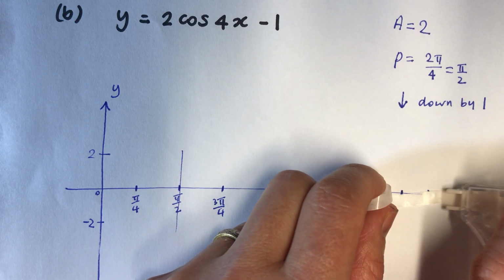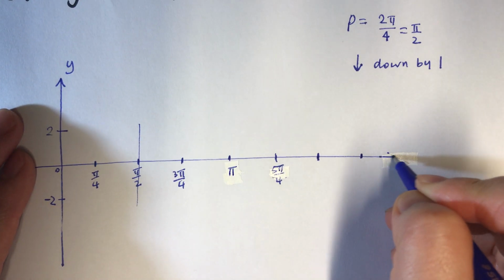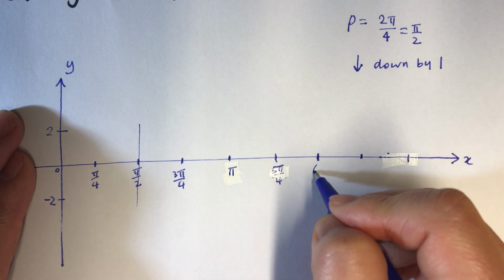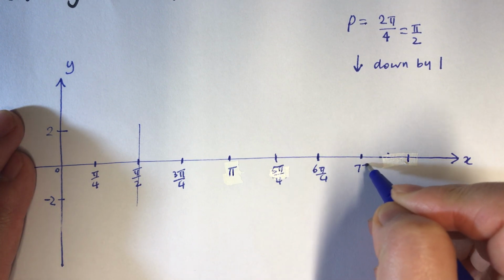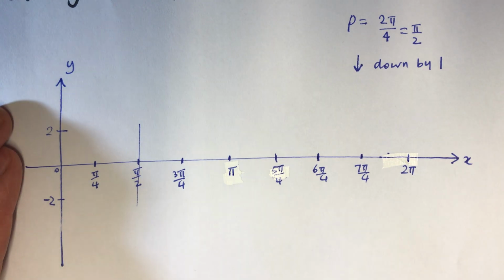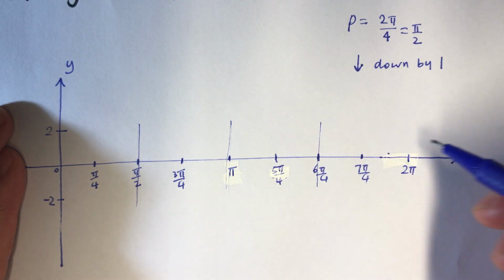Okay. So please plan it carefully. So 6 pi over 4, 7 pi over 4, and 2 pi. Okay, so now that's there and there.